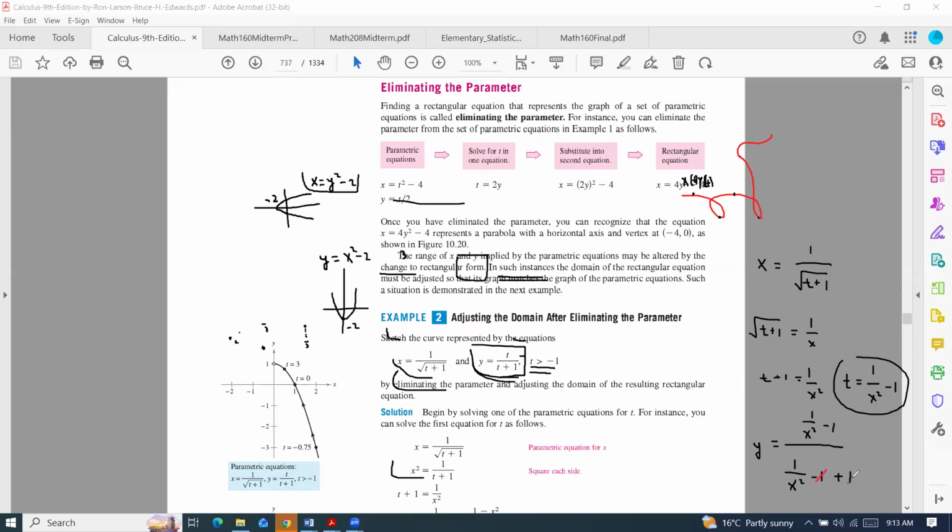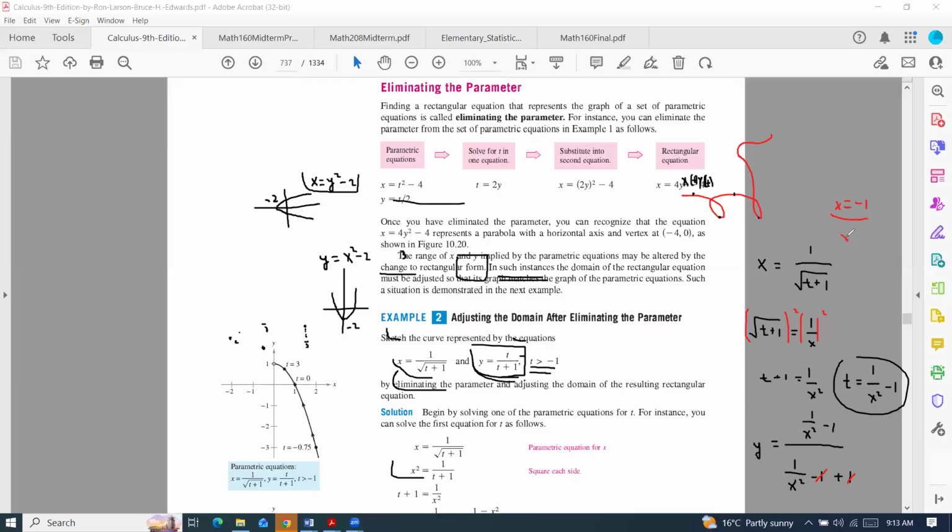But notice one thing, we did the procedure of squaring both sides. And you know, when you square both sides, you may pick up extra solutions. Like if you have, for example, x is equal to -1, so that's the solution.